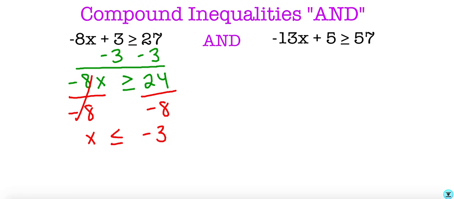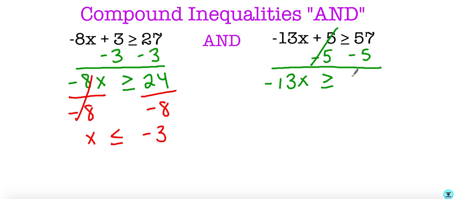And we'll do the same thing with the following inequality. So the first thing we do is we subtract 5 on both sides. Cancels out. Negative 13x is greater than or equal to 52. And here I need to get x by itself, so we'll divide by negative 13 on both sides.